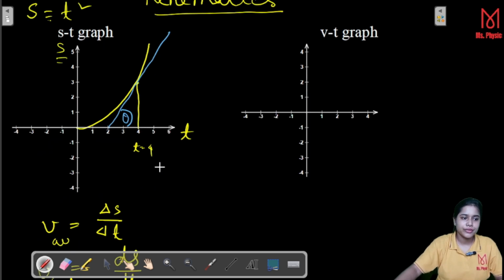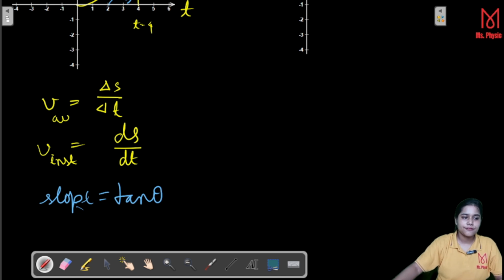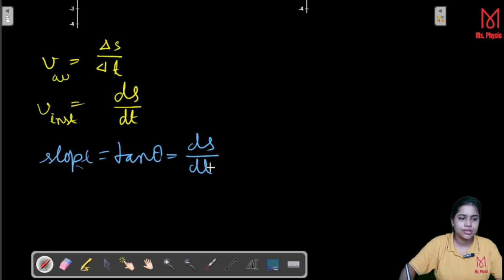Now we know that tan theta is nothing but perpendicular over base. So the slope is equal to tan theta is equal to ds over dt. Slope is equal to velocity. Now if you are asked to find out the velocity, you can find tan theta or you can find ds by dt.